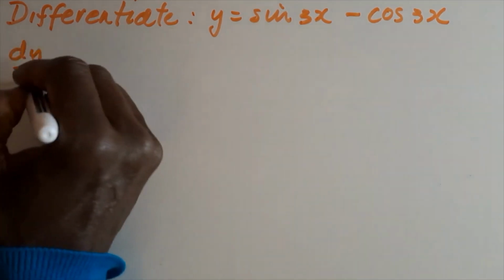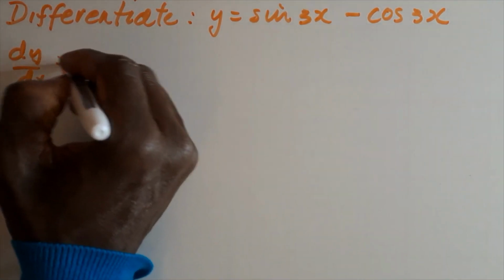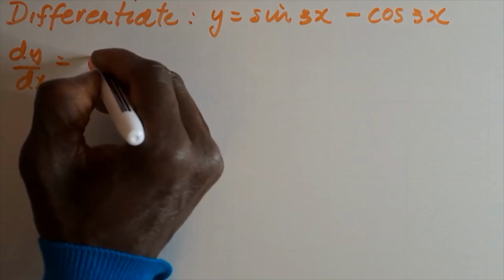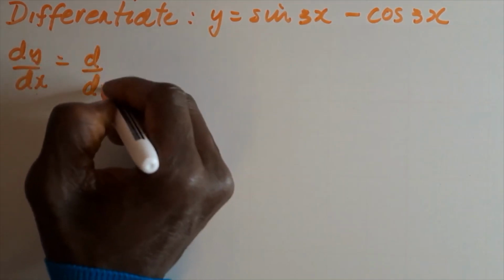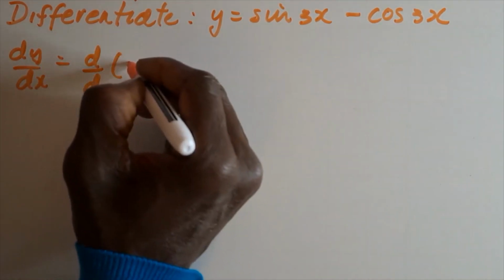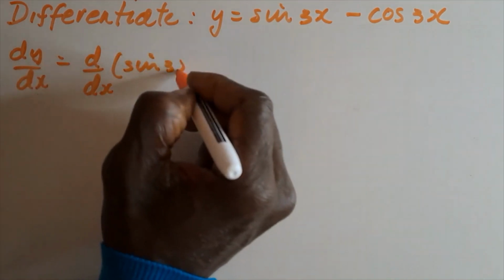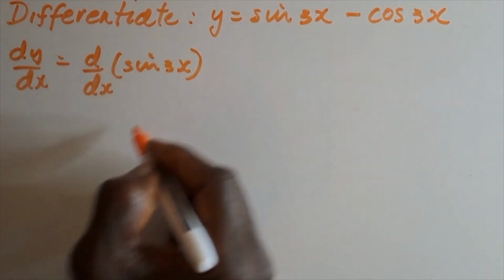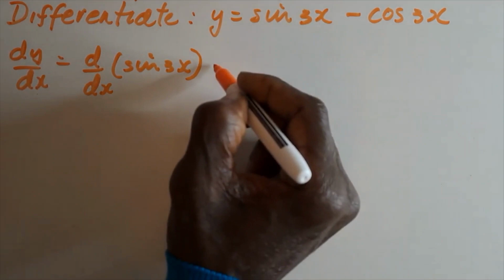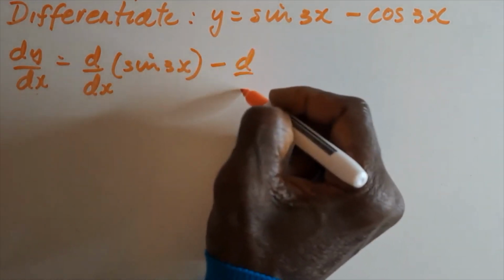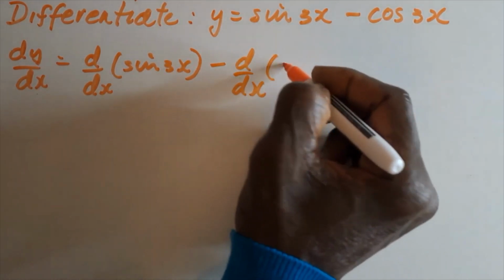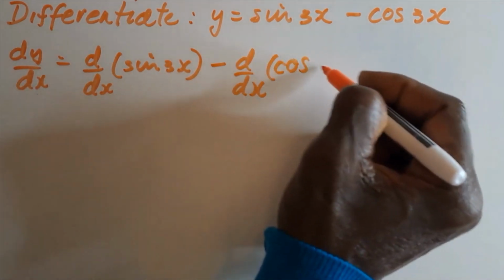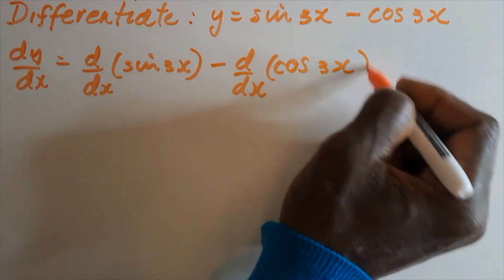Dy dx here will be our operator d dx of sine 3x minus d dx operating on cos 3x.